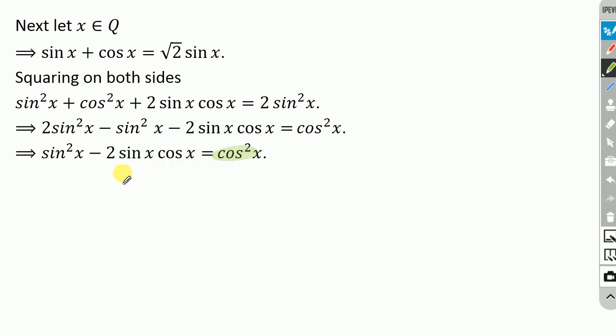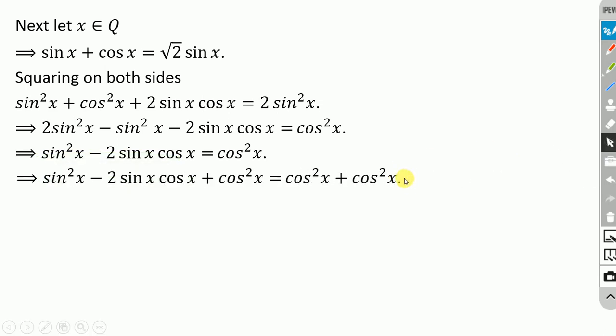Again, to complete the square on the left hand side, let me add cos square x on both sides. So now sin square x minus 2 sin x cos x plus cos square x, and on the right hand side I have to add cos square x again.